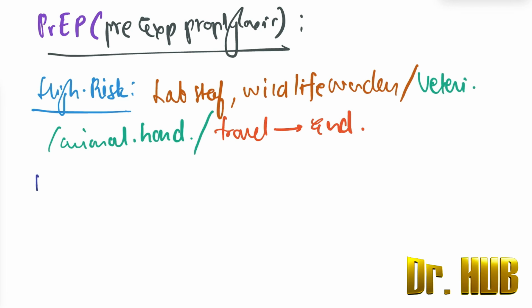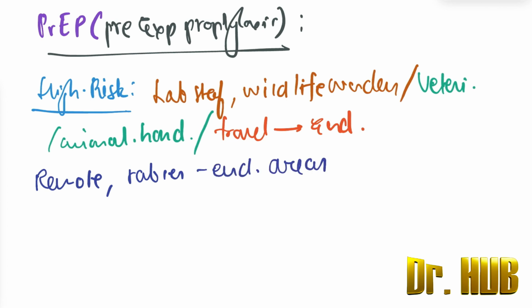Next are remote rabies endemic areas, where access to PEP is difficult.